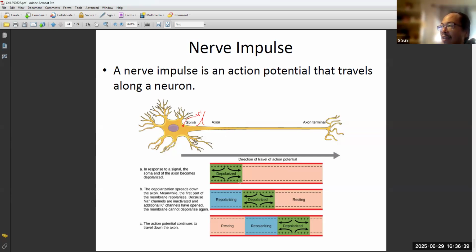You can see that depolarization, repolarization, this is gonna propagate from the beginning of the axon toward the end of the axon. Yeah. So we call this a nerve impulse.